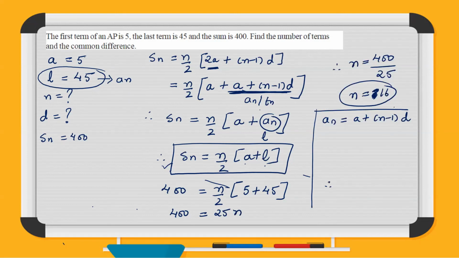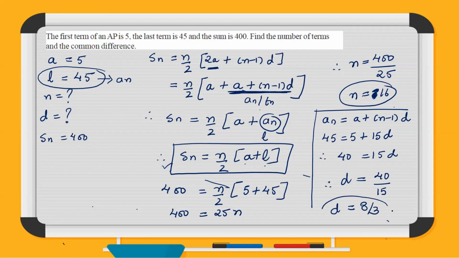Now we put in the values. So an is 45, which is equal to 5 plus 16 minus 1 into d. So that would be 15d. So this would be 40 is equal to 15d, and hence d is equal to 40 divided by 15. Therefore d is equal to 8 upon 3.